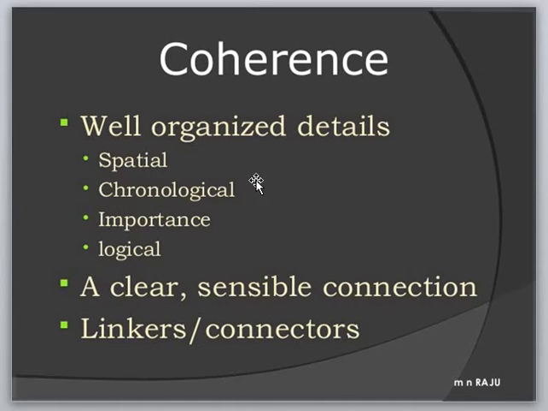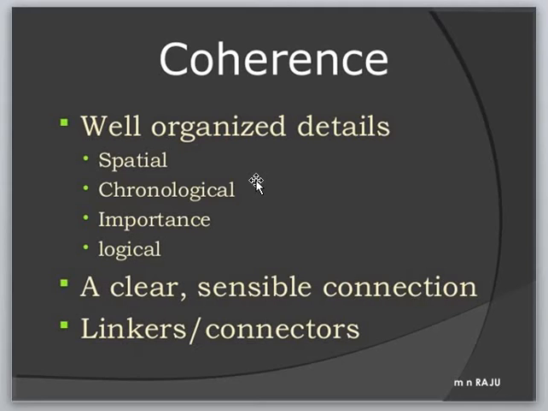Like, first of all, you will tell about the personality, and after that, you will tell when he was born, and where he got his education, and what he did, what his achievements are, why he is your favorite personality, and then at the end, you will write about his death and you can simply wind up with a moral point of view, that these are the characteristics which I want to follow or which I want to recommend to others.